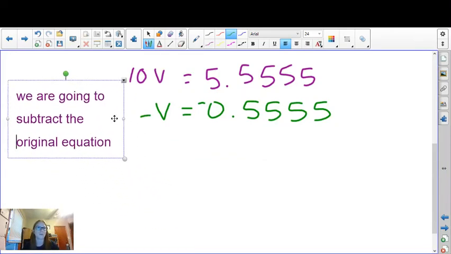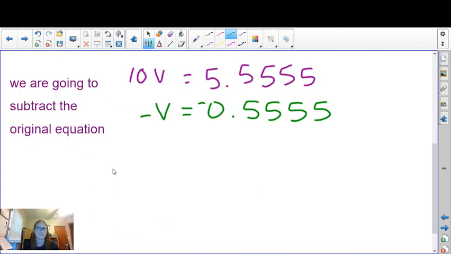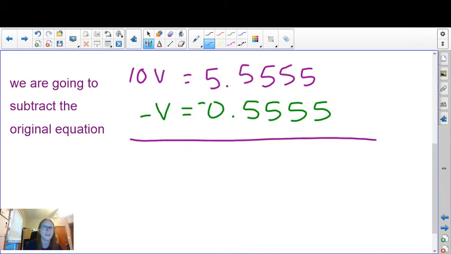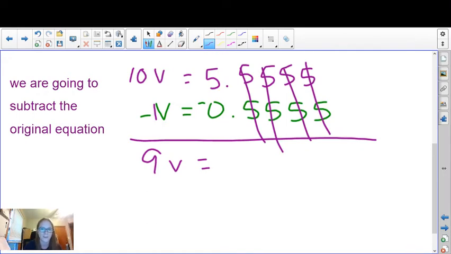And I'm going to put this over to the side so you can see what I'm doing as I'm doing it. So what's left over? Well, 10 minus 1, because there's an invisible 1 here, gives me 9. That cancels out, that cancels out, that cancels out, that cancels out. 5 minus 0 is 5.